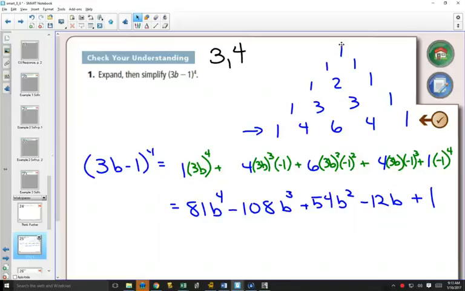And you know which row of Pascal's triangle to use because you know that there are always n plus 1 terms. So the fact that it's to the power of 4, you know that there are going to be 5 terms, and in Pascal's triangle, this is the row with 5 numbers: 1, 4, 6, 4, 1. So questions 3 and 4 are some expand completely ones.